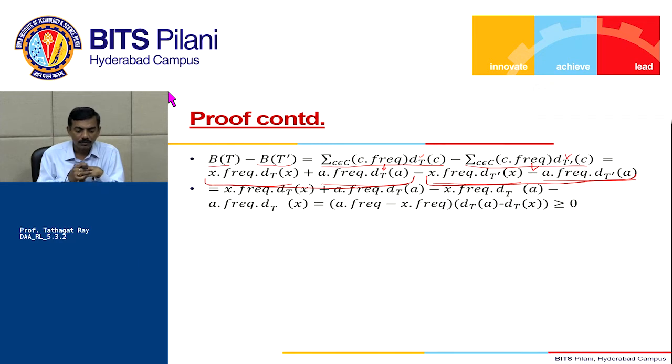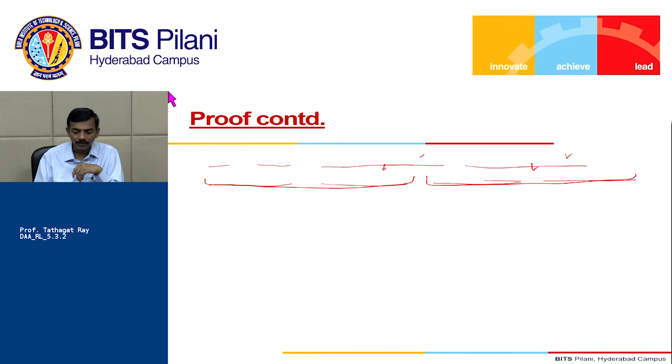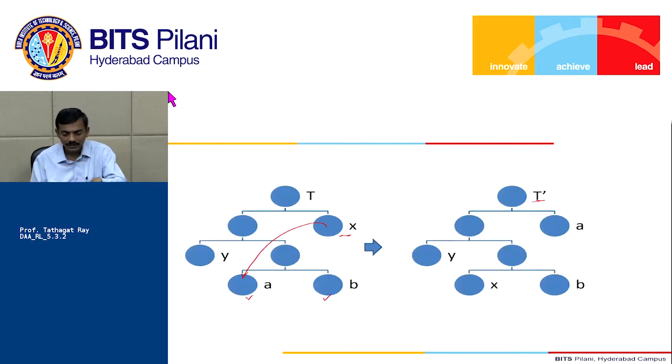Now if we look into that, we simplify this as X dot frequency dtx plus A dot frequency dta minus X dot frequency dt prime x. Now we replace dt prime x, which is nothing but the depth of x in T prime. So just go back and see what is the depth of x in T prime.